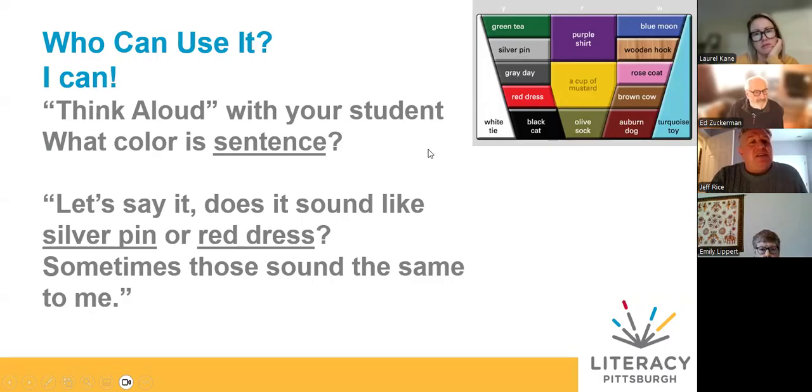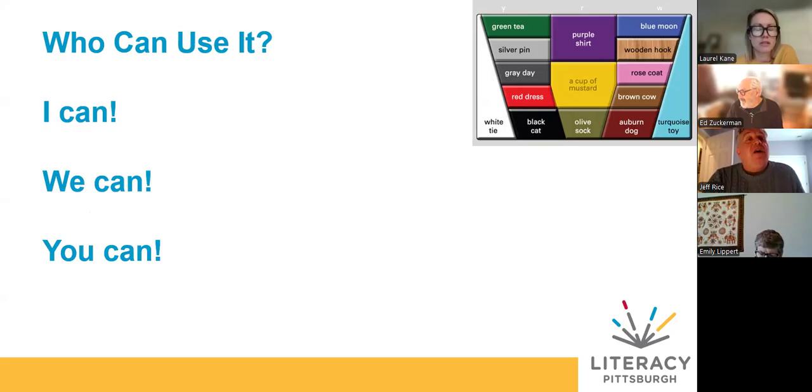It's difficult for me. So I just say with my student, well, let's say it. Does it sound like silver pin sentence, red dress sentence? And I'll say these sounds sometimes sound the same to me. Let's practice. So just practicing with them to figure out which sound category it goes in, to show them how to figure it out themselves.